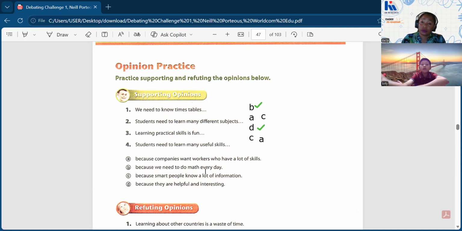Students need to learn many advanced skills because harmonious but one workout who have a a lot of skill.